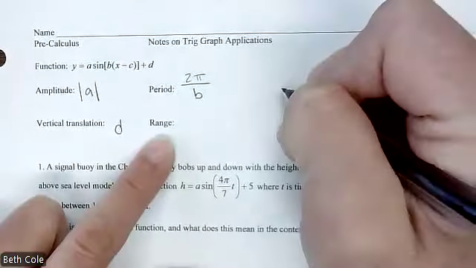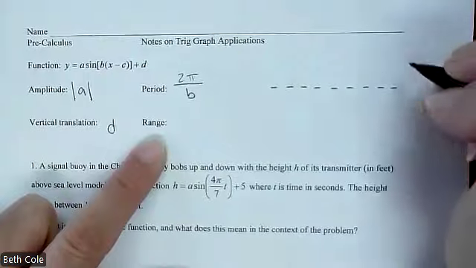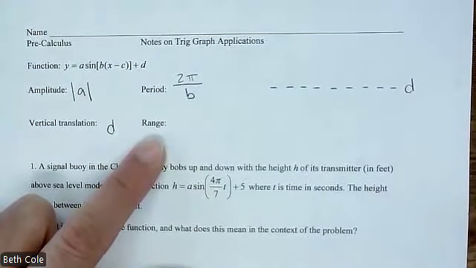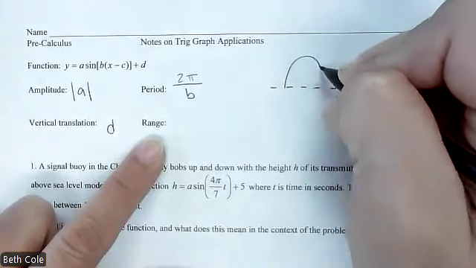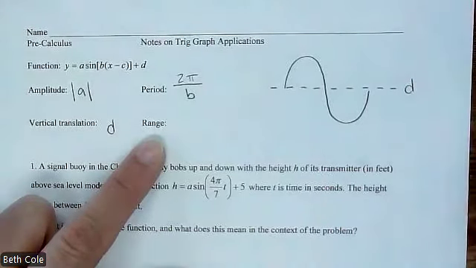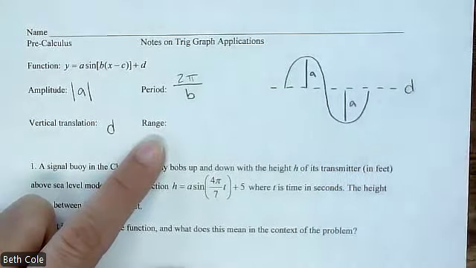Now your range. Let's draw a little center line here. Your center line is going to be that D value, however much you moved up or down. Here's your wave. And A is the distance that you get from that center line.